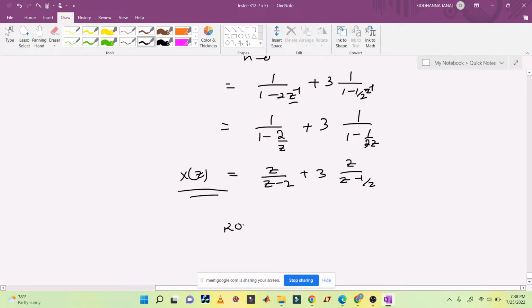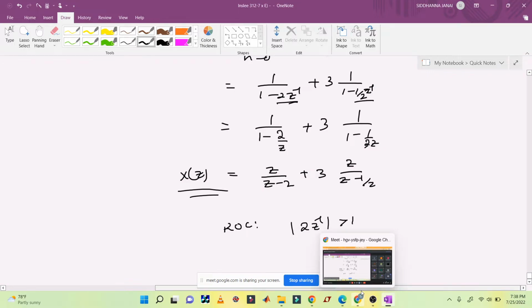And what is the ROC? For the ROC we have to look at the very first equation.